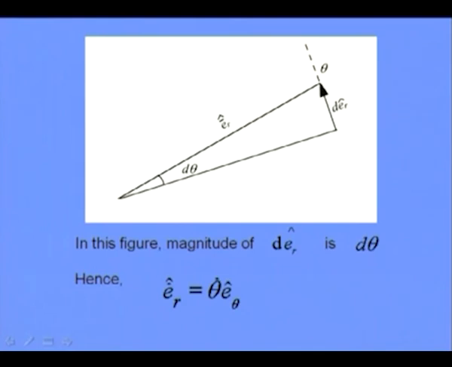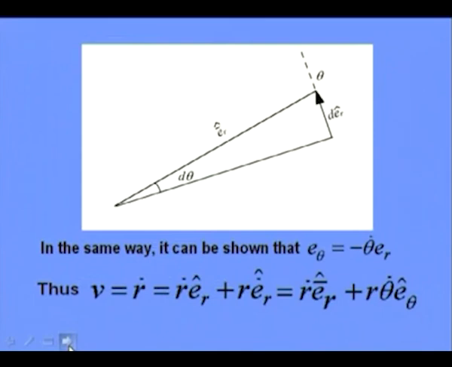This can be explained very clearly: as d theta tends to 0, the direction of d er will be perpendicular to er. Therefore e dot r is equal to theta dot e theta. In the same way, it can be shown that e dot theta is equal to minus theta dot er.